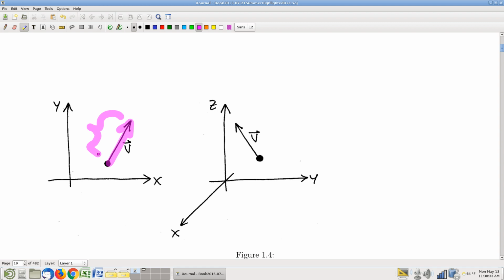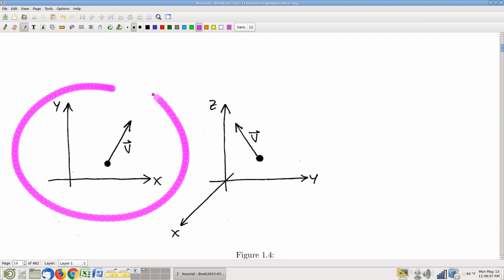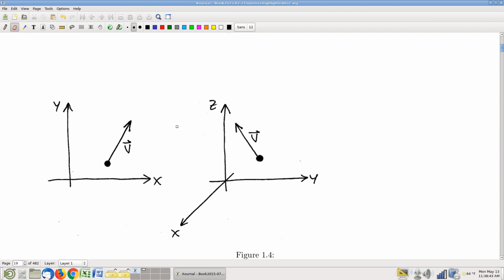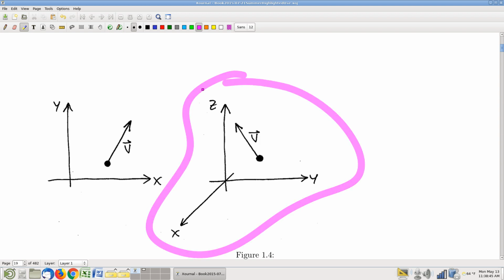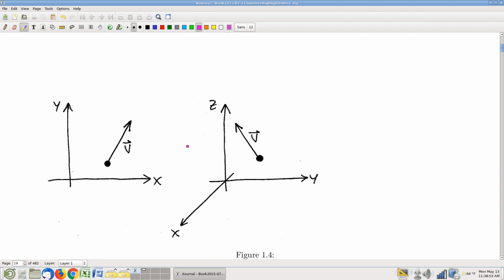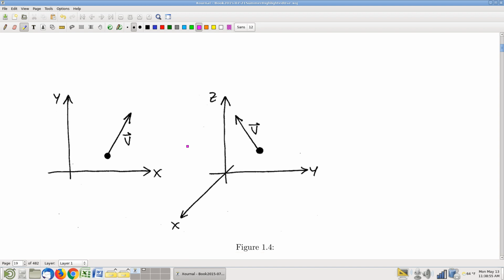Everybody on board? Okay. So here is a picture of an arrow representing a vector in R2, and here is a picture of an arrow representing a vector in R3. Now, one thing to be careful about.